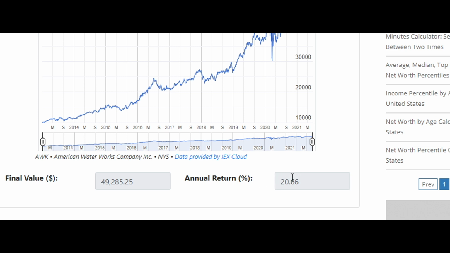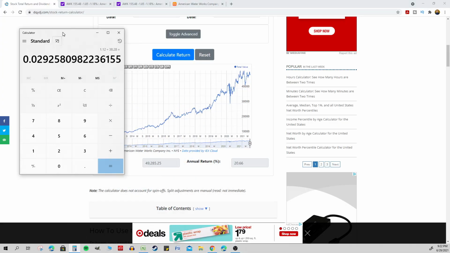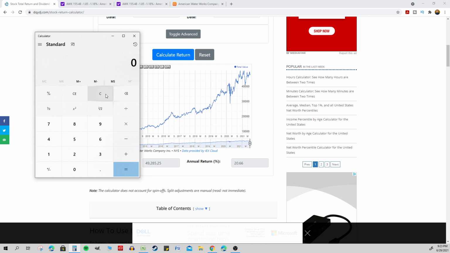This is the average annual total return of this investment. But this includes that starting dividend yield of 2.92%. So what you'd want to do is take the 20.66, which you're seeing right here, and subtract out the yield of 2.92. And so that's how we get the 17%.